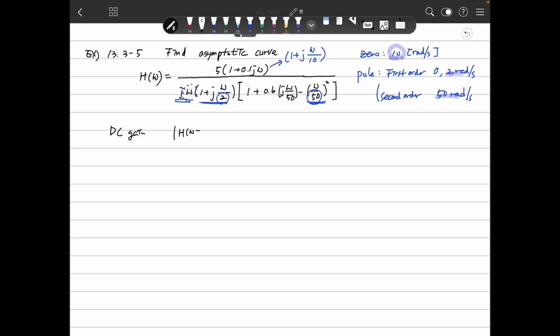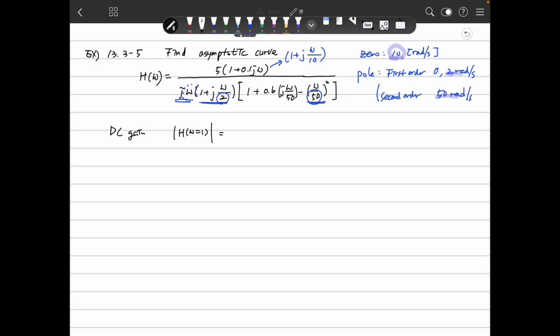H at omega equal to 1 is meant here. Then you insert 1, and it is simple.